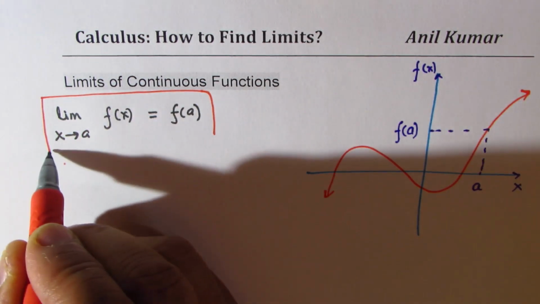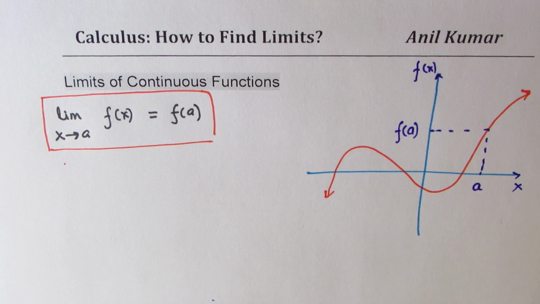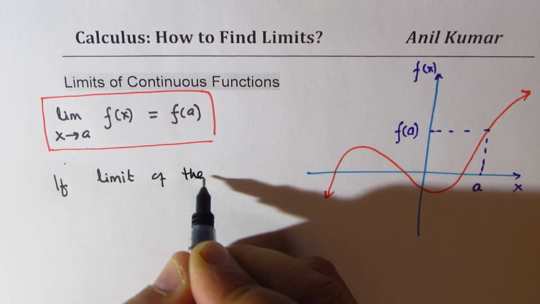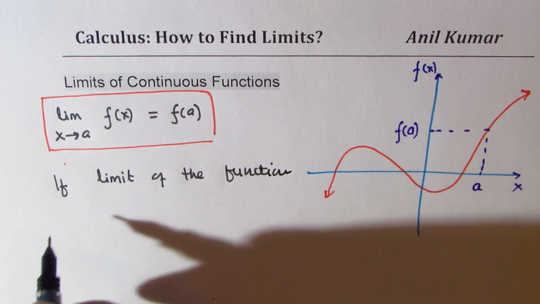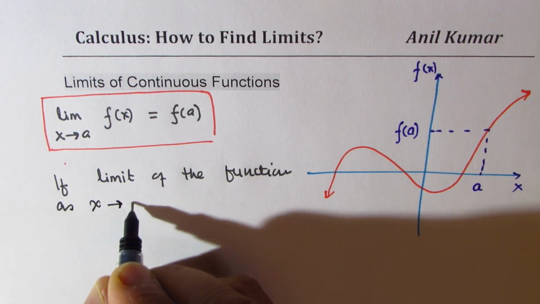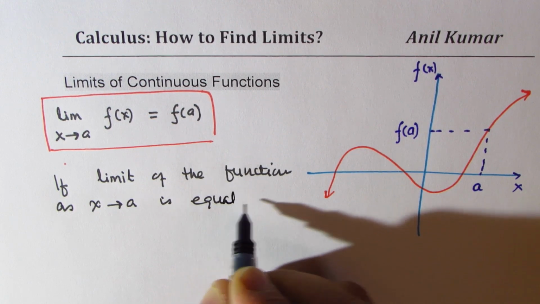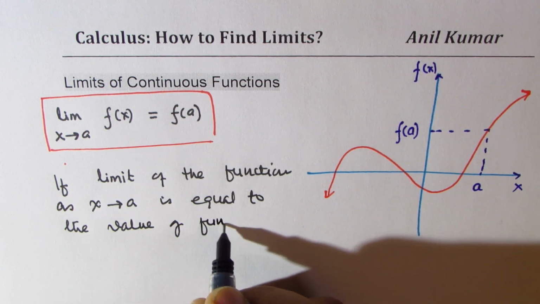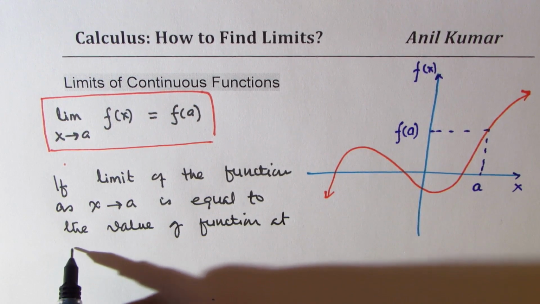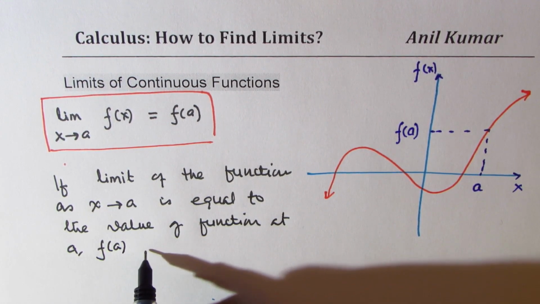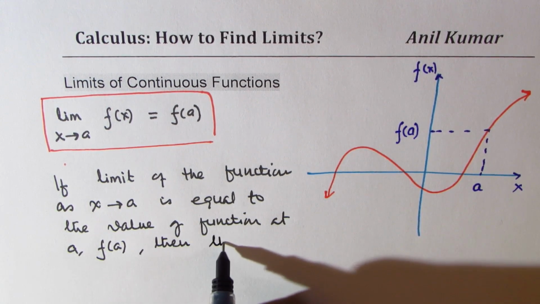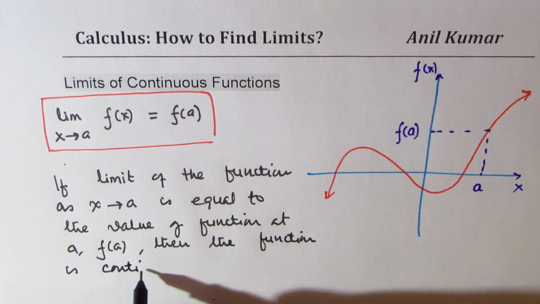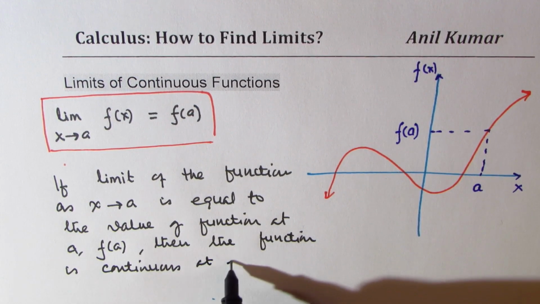We could also say that if limit of the function as x approaches a is equal to the value of function at a, that is f of a, then the function is continuous at that point.